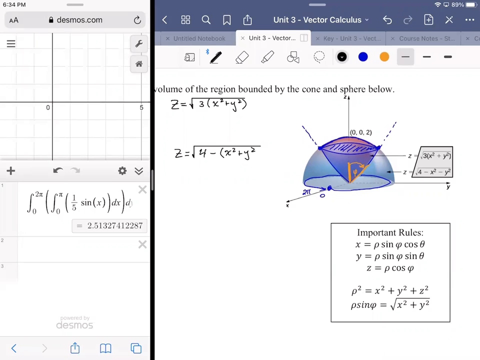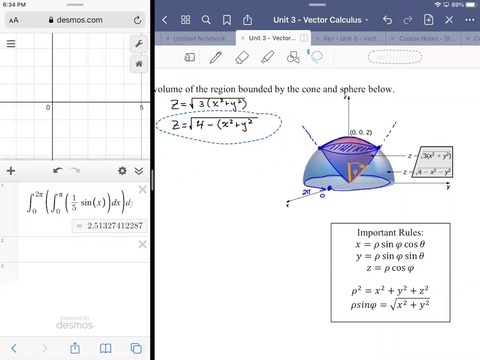Now, if I want to set these two equal to one another to see where they intersect, I could do that pretty easily. Let me duplicate them and then move them around.